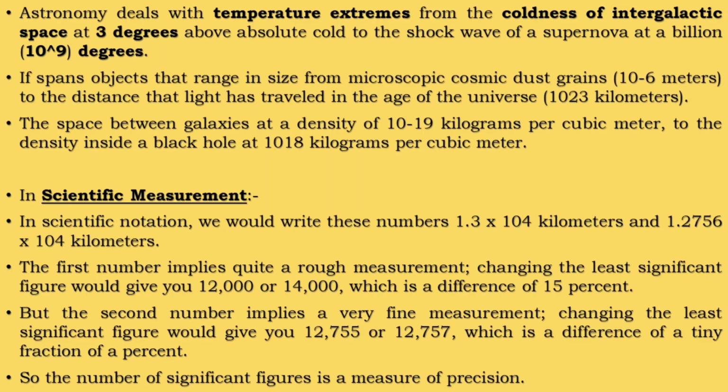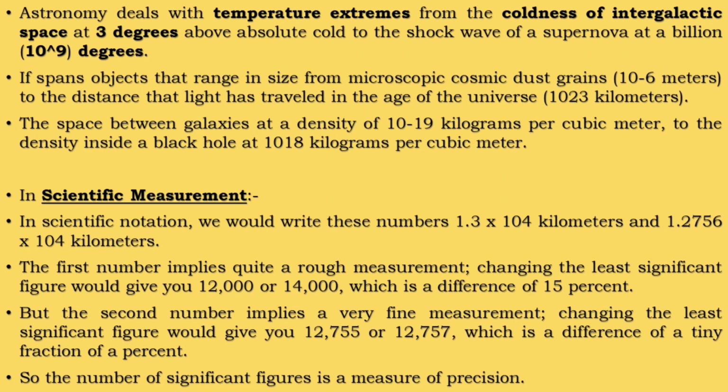Okay, so friends, astronomy deals with temperature extremes from the coldness of intergalactic space at 3 degrees above absolute zero to the shock wave of a supernova at a billion, that is 10 to the power 9 degrees.